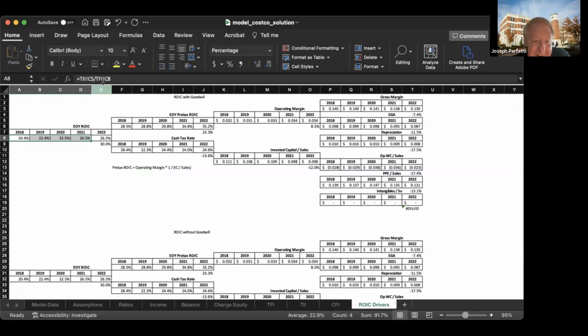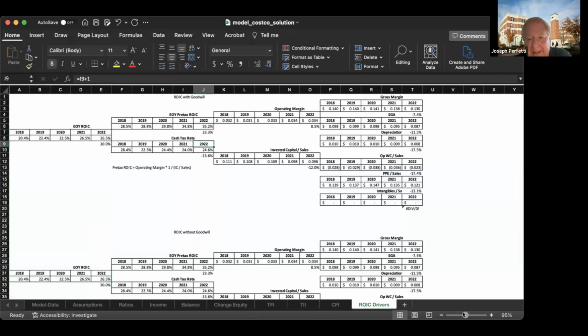And really it was about figuring out 2022. That was the only new information, because otherwise you're kind of recreating the historical data. And then if you did Costco first and got it right, then it'd be easier to do Walmart, which I would have done secondly. But nonetheless, this would have been the tree that you should have created for Costco.